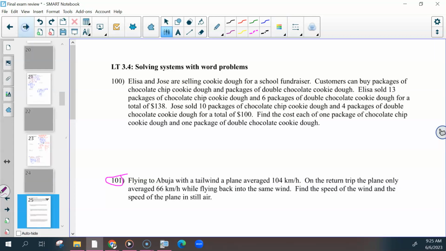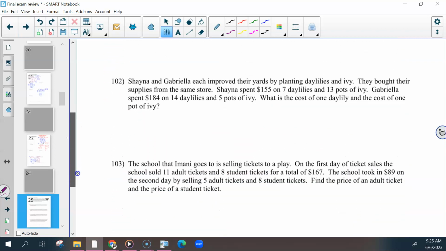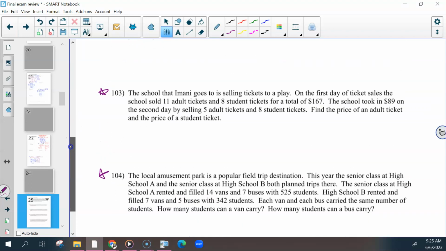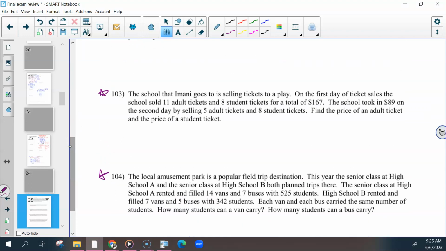So last objective in that unit, word problems of systems. Which of those do you want to see me go over? So the setup for these will basically all be the same.